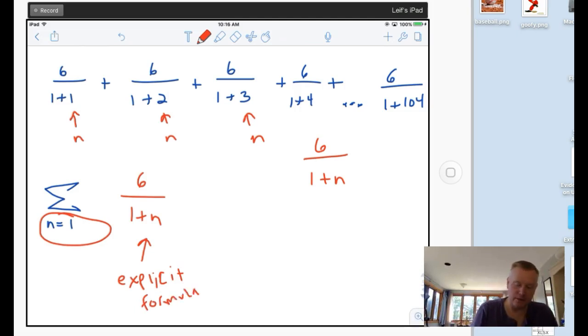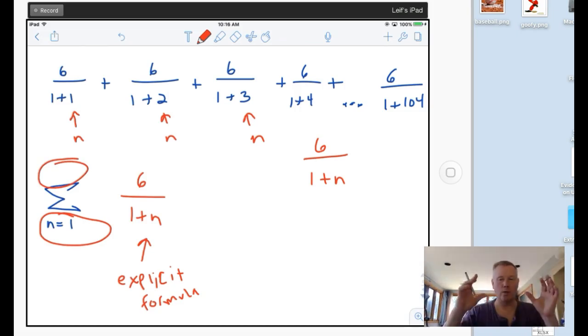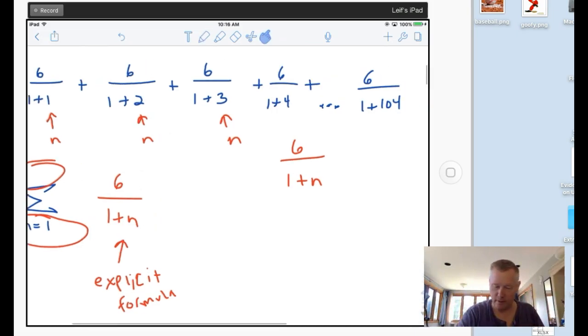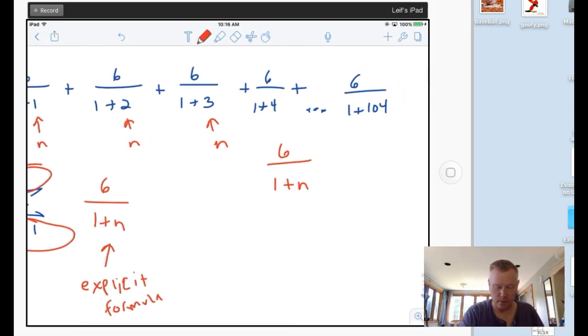Now the other part I need is there's two numbers. There's one at the bottom of the sigma sign and one at the top, and that tells you what n goes from. It goes from 1 to 5. There would be 5 numbers in the sequence then, and you'd add them all up, okay? So in this case, if I plug in 1, 2, 3, 4, gives me 5 in the denominator, which means n up here has to go up to 4.